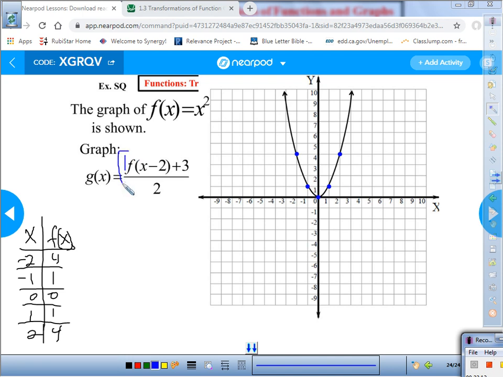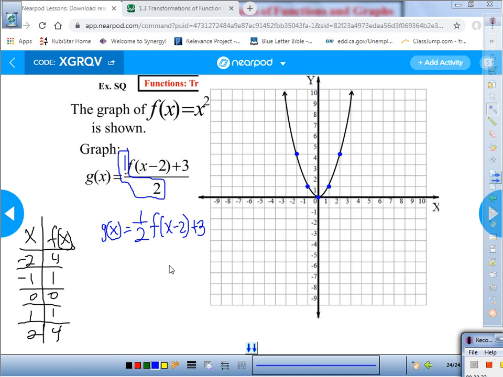A 1. So do you agree that in front of the whole function we have a 1/2? That is correct. We bring everything else down. f of x minus 2 plus 3, and we write g of x equals that.